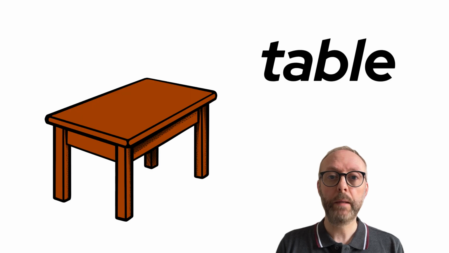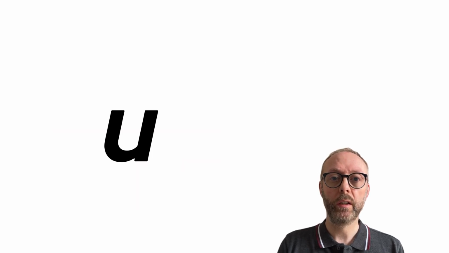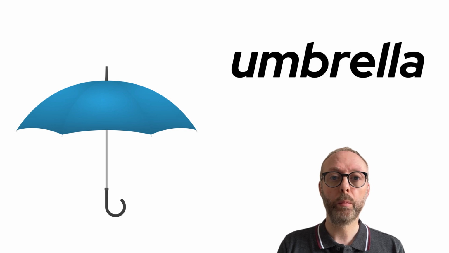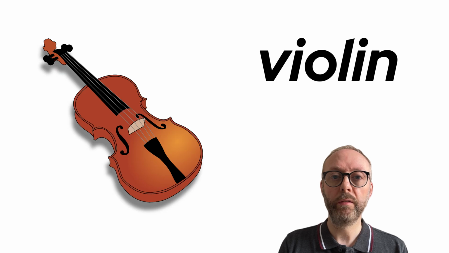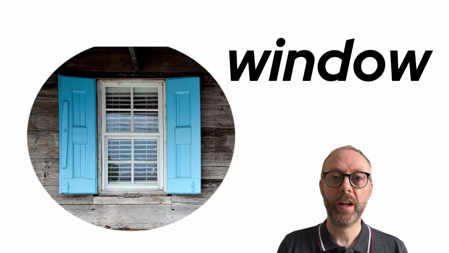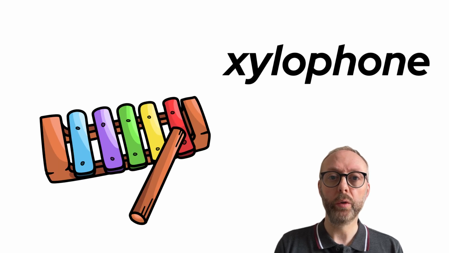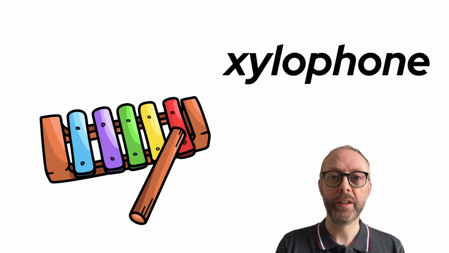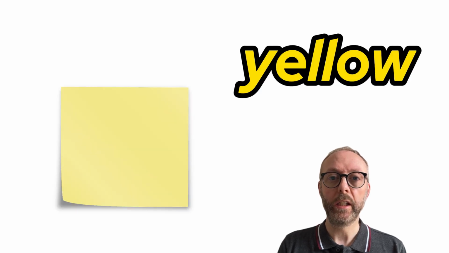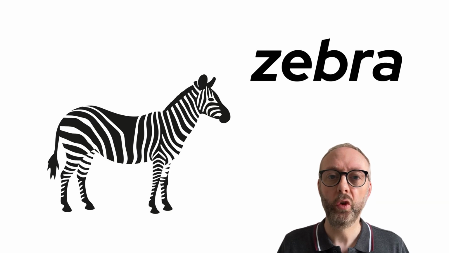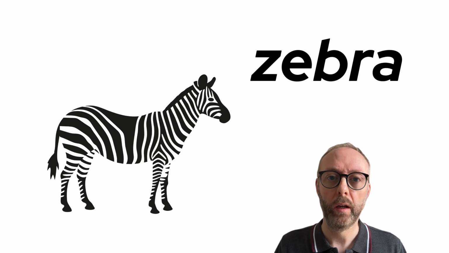T, table. U, umbrella. V, violin. W, window. X, xylophone. Y, yellow. Z, zebra.